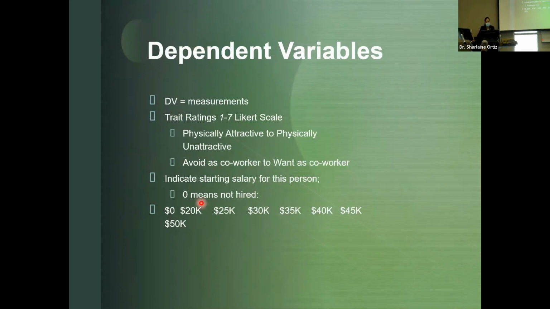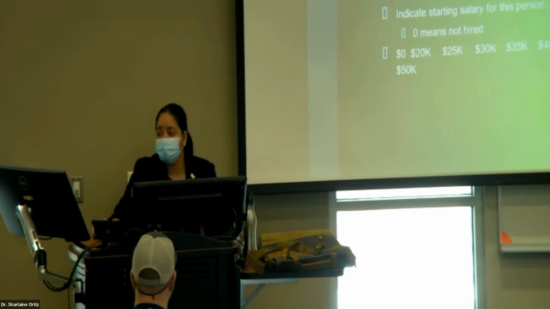Notice that in this specific case, we're going to talk about whether this person was hired or not. And our last variable is going to be that of the range of the salary. Here we have 20,000 all the way up to 50,000 a year.